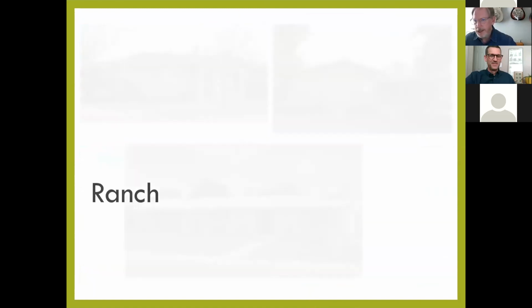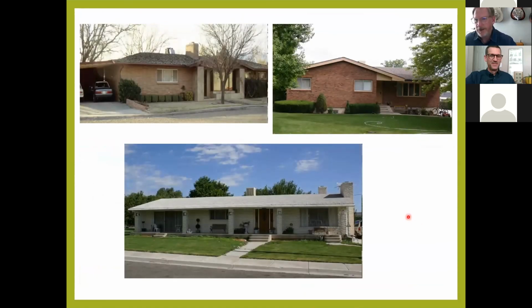And then here's some with garage additions on these as well. And then we transition to the ranch, which is just a more expanded version and a more simplified version of the early ranch. You got rid of all those gables as it became less of a traditional form and more of its own form. The ranch house was actually developed in the 1930s. Cliff May was an early designer of these.